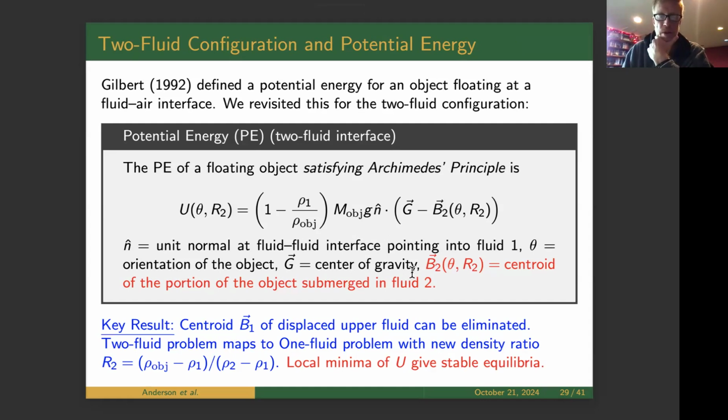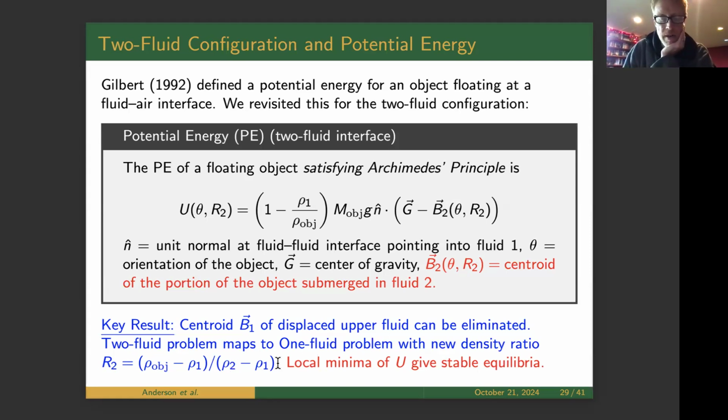But if you work out the details, you can write this potential energy just in terms of the centroid of the fluid 2 object. So the only thing we have to do differently in our code to solve the two fluid problem is change the density ratio from the object density over rho 2 to this relative one. Otherwise, everything works the same.